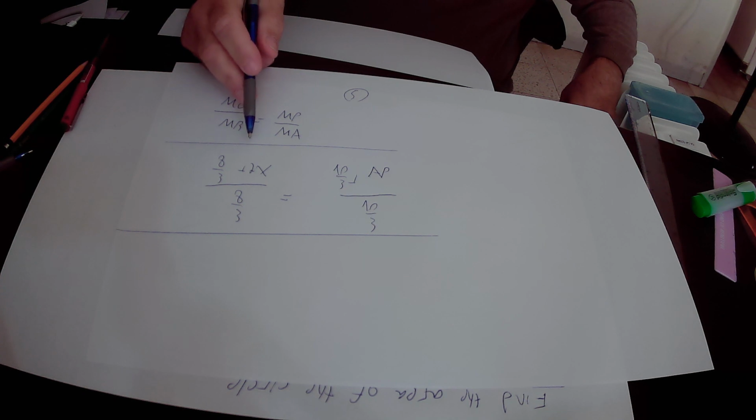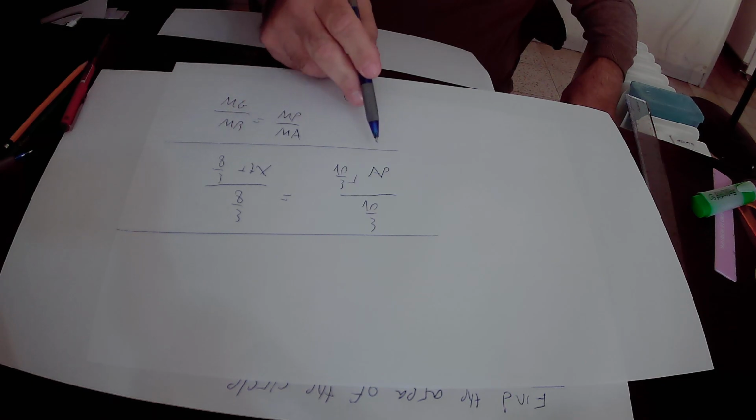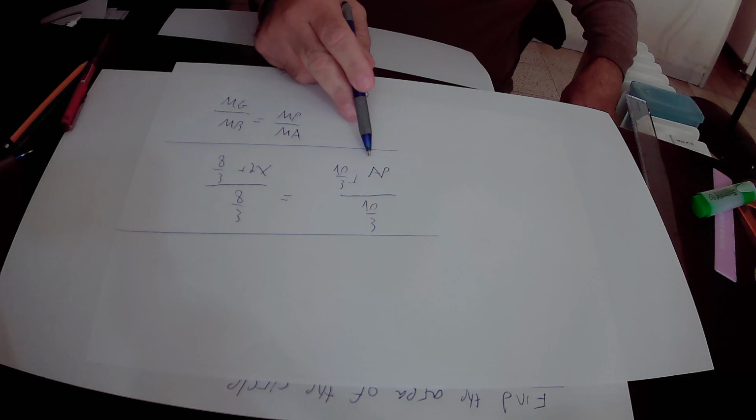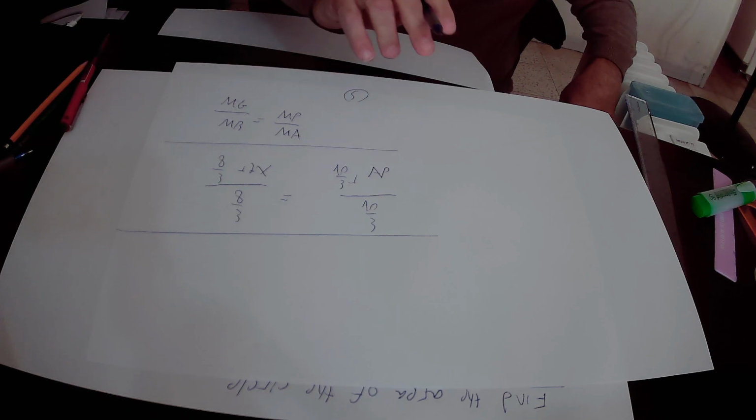Here we'll multiply 2x by 3 and then divide it by 3. And here also we'll multiply AP by 3 and then divide it by 3 in order to have a common factor of this expression.